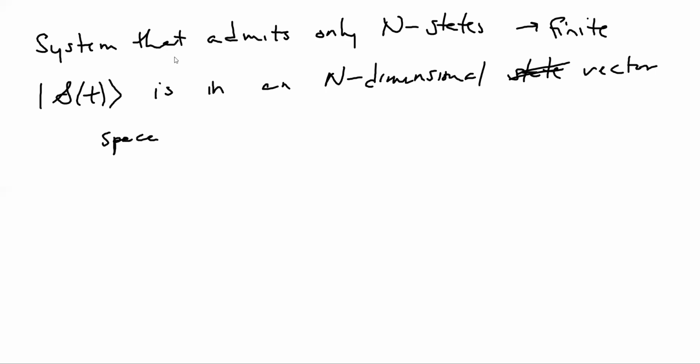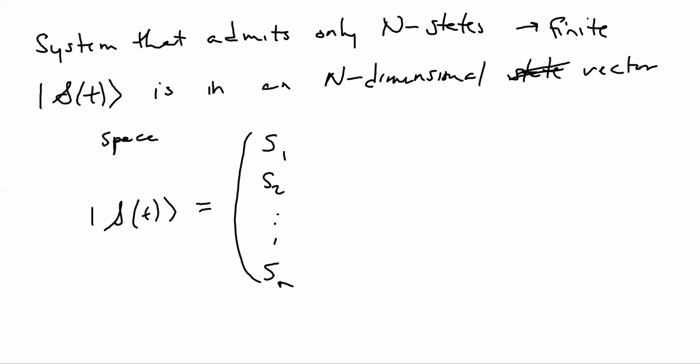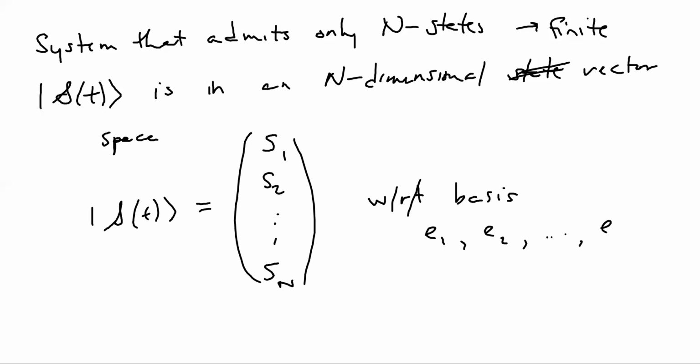We can represent it as a column vector or a column matrix of n components. So you have S1, S2, all the way down to n components, right? And that is all with respect to a basis. With respect to a basis, so each one of those components is with respect to E1, E2, all the way to E sub n of our basis.